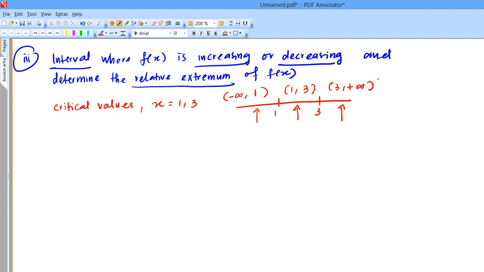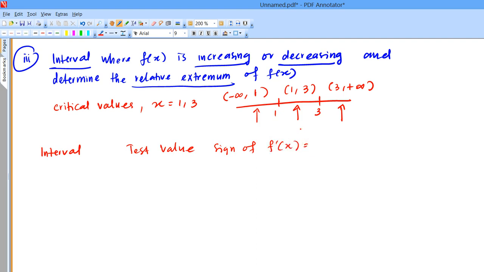So our table: the first column is interval, the second column is test value, and the third column is the sign of f prime x.